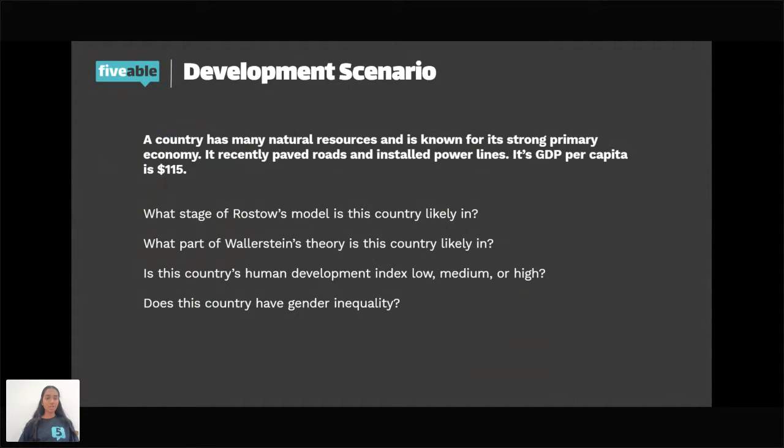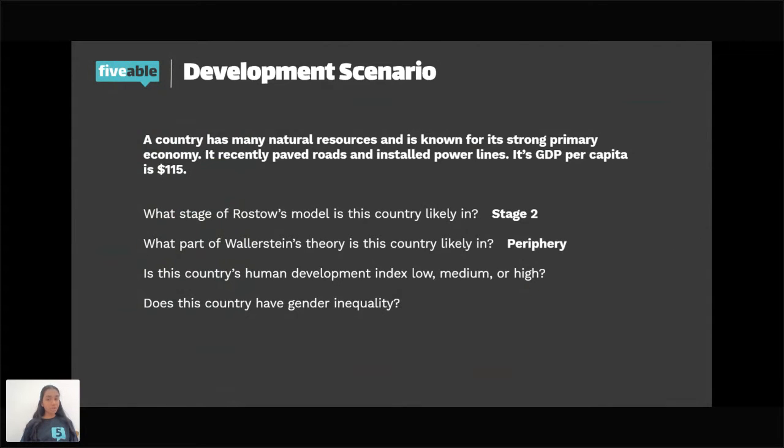Okay, so I'll just go over the answers then. This country is likely in stage 2 of Rostow's model because it said that it recently paved roads and installed power lines. So that means it's just starting to get infrastructure. But it also says that it's known for its primary economy. So that means that it's still not very developed.